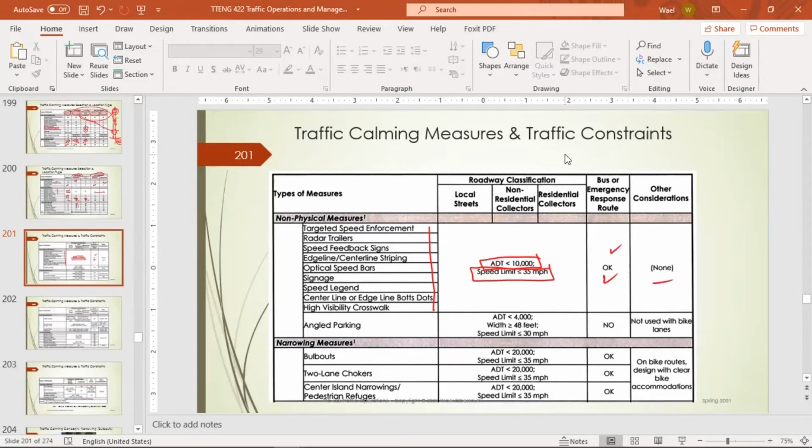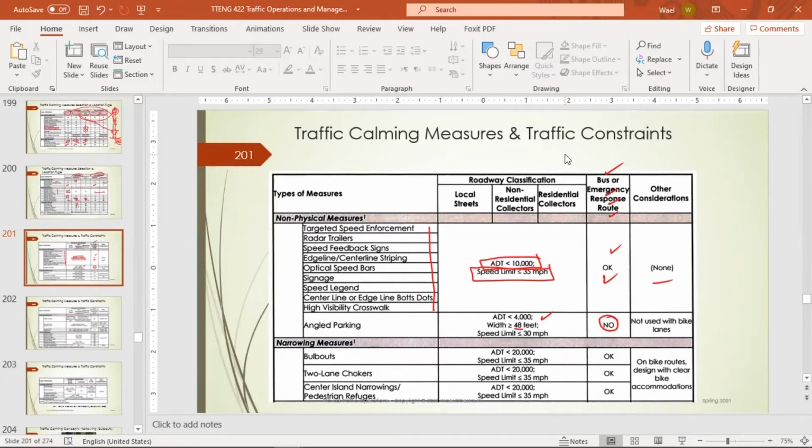No. For angled parking, we can use it for average daily traffic volume less than 4,000, not 10,000 here. The width must be greater than or equal to 48 feet. The speed limit less than 30 miles per hour, and don't use it if we have a bus route or emergency response route.